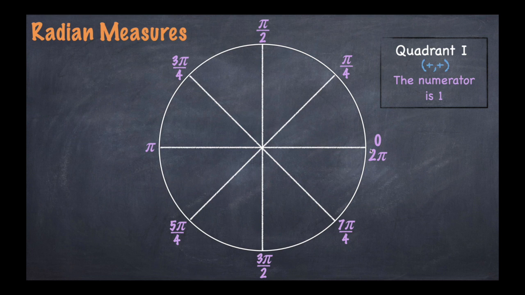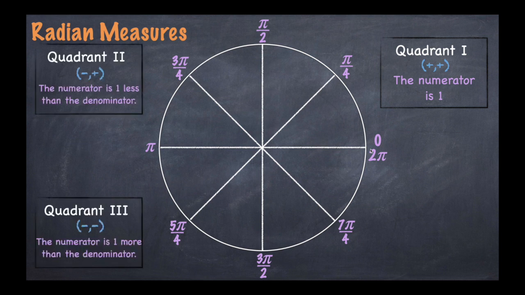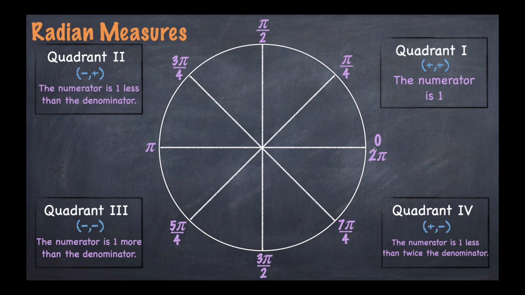From there, we're going to establish some guidelines. This is kind of like a trick for remembering when we add in a couple more values in the first, second, third, and fourth quadrants. We want to have some rules for their numerators. In the first quadrant, the numerator is always going to be 1 pi.